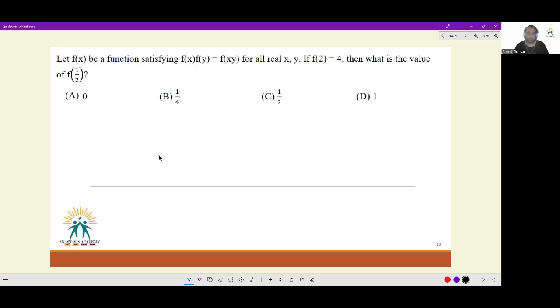Next question now. Let f(x) be a function satisfying f(x) into f(y) is equal to f(xy) for all real x, y. If f(2) is equal to 4, then what is the value of f of half? Okay.